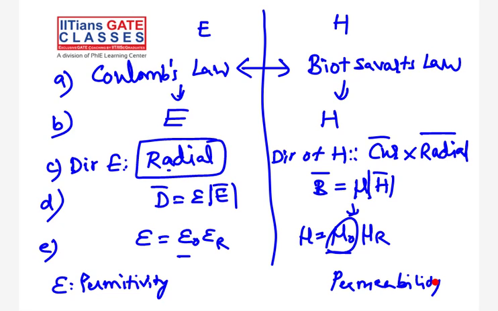If any medium has high permeability, it can easily allow the magnetic field through that medium, or you can say it can easily store the magnetic field in that medium. Is it clear? The unit of permittivity is farads per meter, capacitance per unit length. Similarly, the unit of permeability is Henry per meter, inductance per unit length.